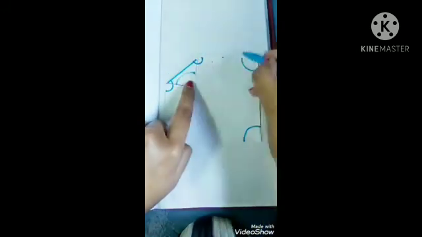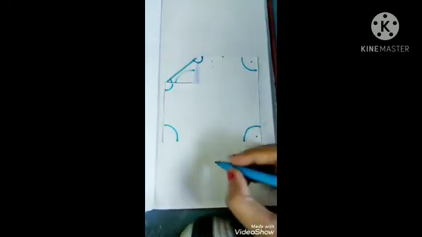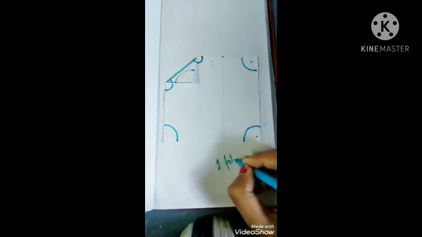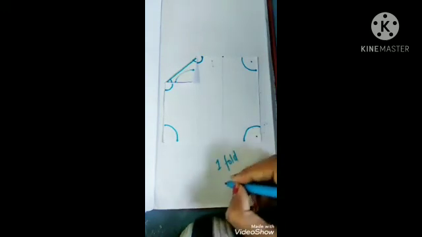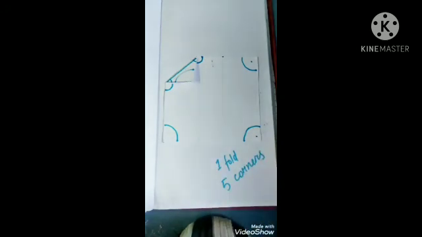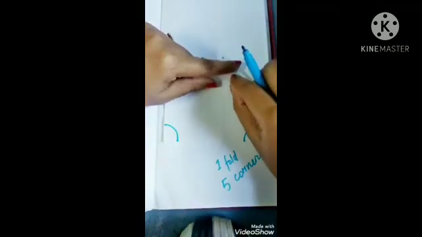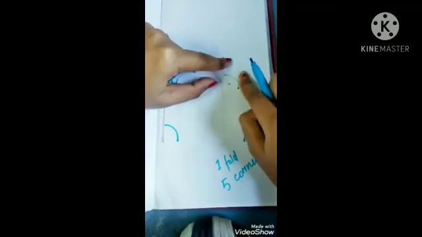So 2, 3, 4, 5. So if you do one fold, then you will get what? 5 corners.